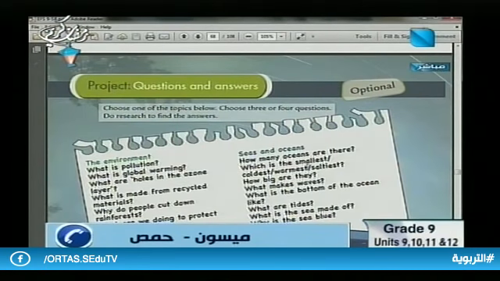Is it important? No. It is optional, not obligatory, not important for the final exam. Not required. It is a project at school, not in the exam. Thank you. Do you have another question? No. Okay, Maysoon, we wish you good luck.